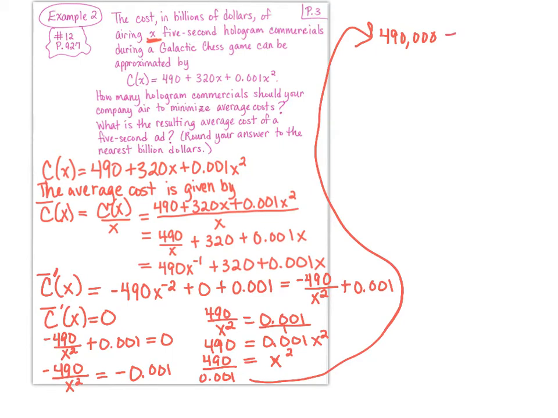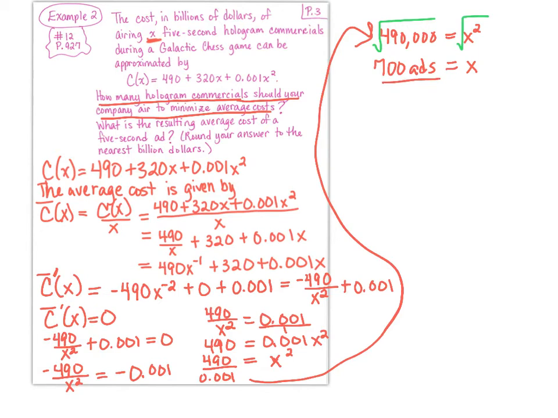That's equal to x squared, so we take the square root of both sides. Technically you will have plus or minus, but ending up with minus here doesn't make sense. So x is equal to 700 ads. Whenever we're asked how many hologram commercials your company should air to minimize average cost, the answer is 700 ads.